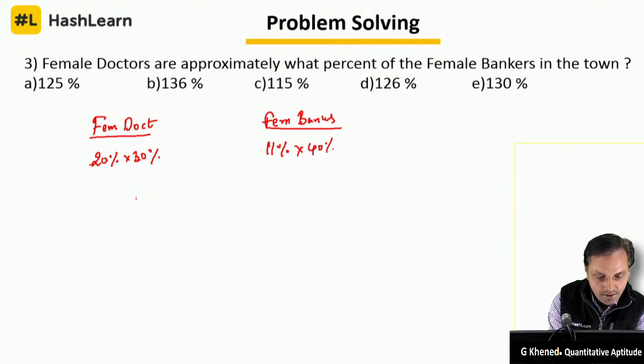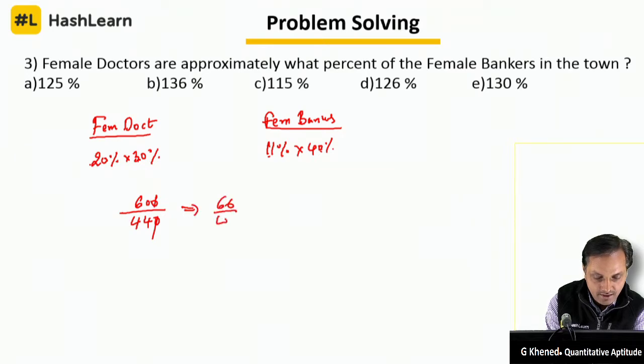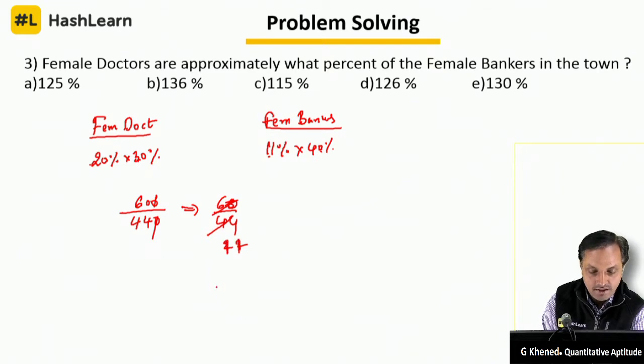This is 20 into 30 is 600 divided by 11 fours are 44. So you can cancel, and you can say 66 by 44 or 60 by 44. You can cancel with 2, 22, or it will go in 4, 4 ones are 4, 4 tens are 40, 4 15. So it's 15 by 11.